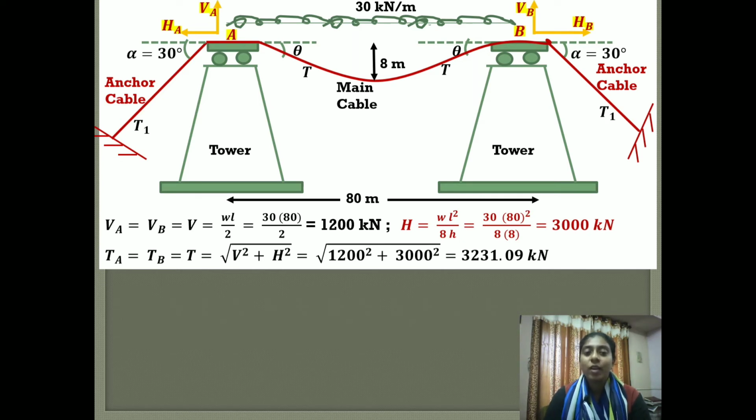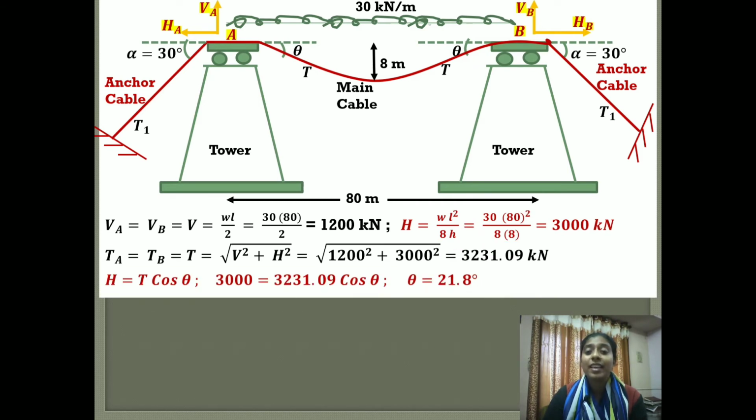So TA equal to TB, we take it as T, tension as T. That is equal to square root of V square plus H square, vertical reaction square plus horizontal thrust square. We get 1200 square plus 3000 square. The answer is 3231.09 kilonewton.